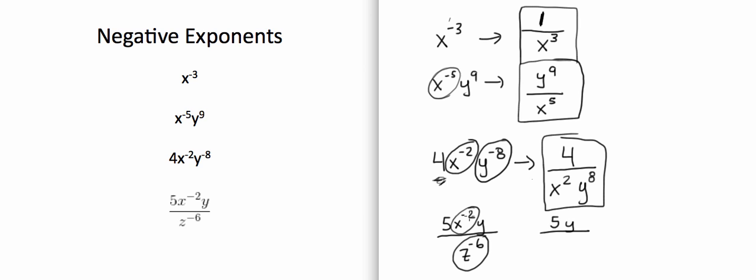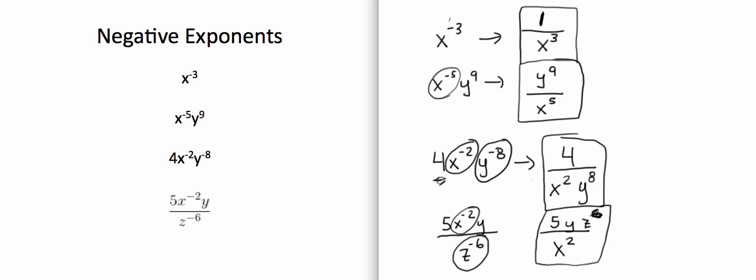The x to the negative 2 is not liking where it's at, so it goes down to the bottom. It becomes x squared. The z to the negative 6th does not like being on bottom, so it becomes on top and becomes a positive 6. So we have z to the 6th on top. So our final answer is 5y z to the 6th over x squared.